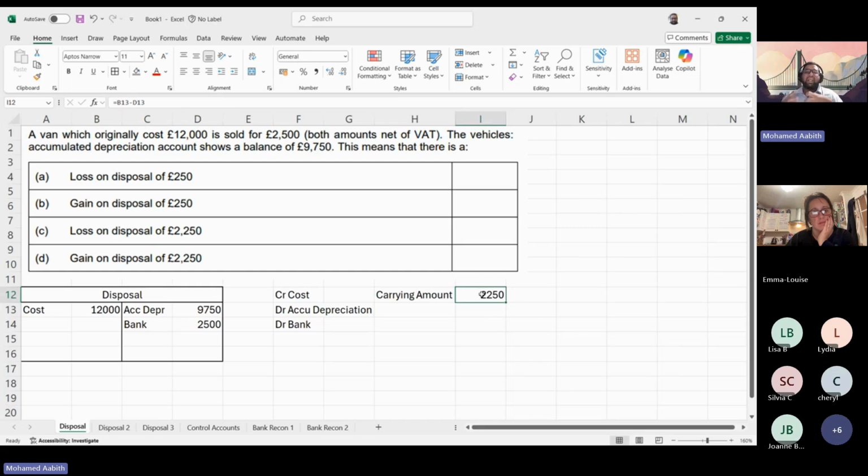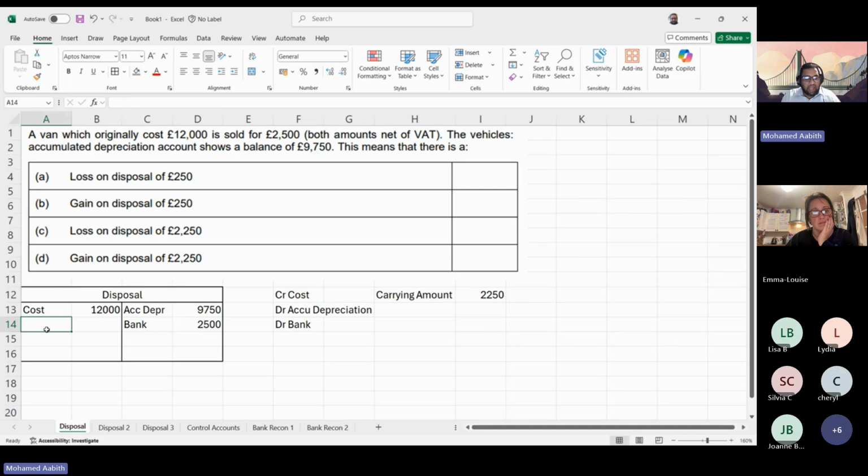This is the realistic expected value I'm supposed to get for my van. But some poor soul decided, oh, I'm going to pay you £2,500. Did I get more money than I expected? Yes, I did. So in that case, we have gained £250 on the disposal.